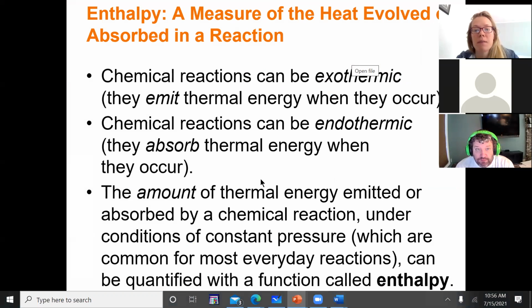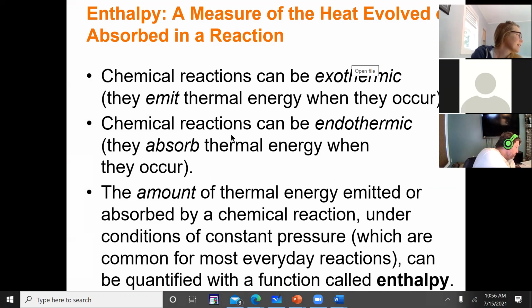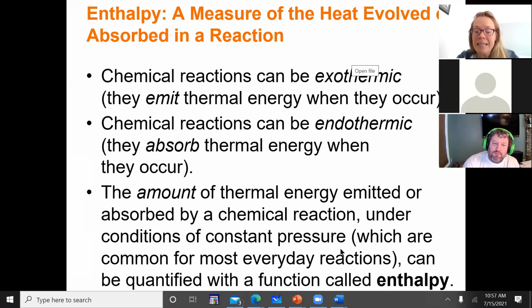So enthalpy is a measured value of the amount of heat either given off or absorbed in a reaction. So we've got exothermic reactions, which emit heat, and then we have endothermic reactions, which absorb heat.